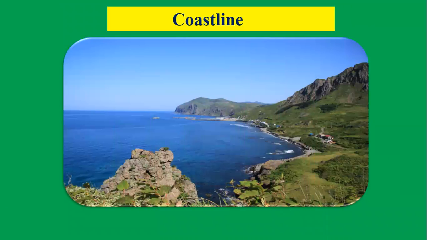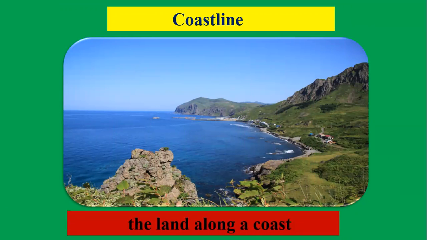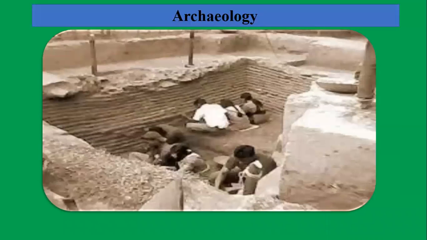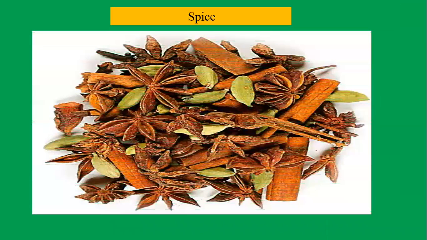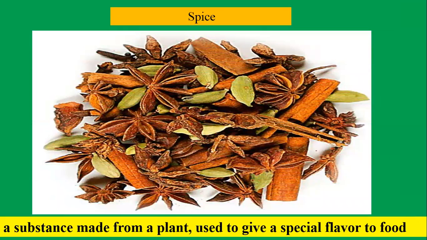Coastal or coastline means the land along a coast. Archaeology means the study of the past by excavation and analysis of its remains. Spice means a substance made from a plant used to give a special flavor to food.